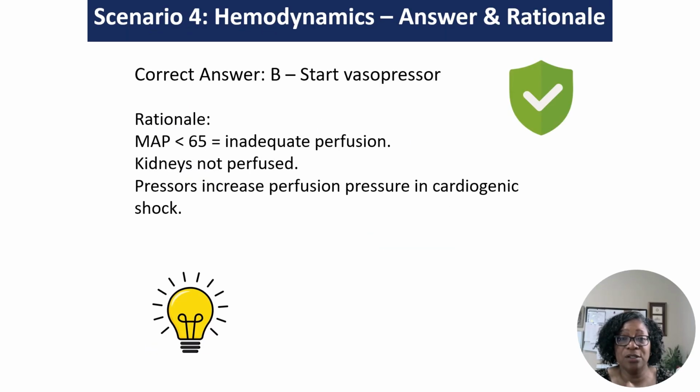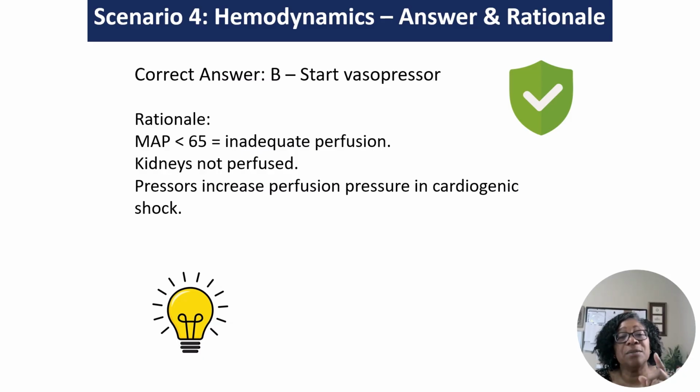Okay, so let's go through this. Remember, the MAP was 58. It's less than 65, so you know that there's inadequate perfusion. The kidneys are not being perfused, because also think of it, the urine output was 10 milliliters an hour. It's supposed to be 30 at least, at minimum, right? So if the brain and the organs are not being perfused, that is the problem. Okay.